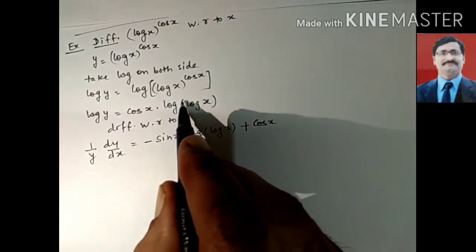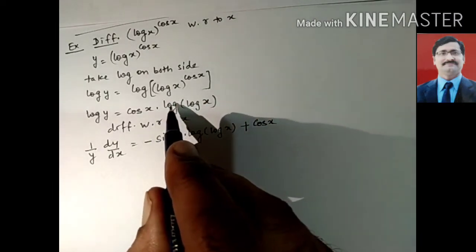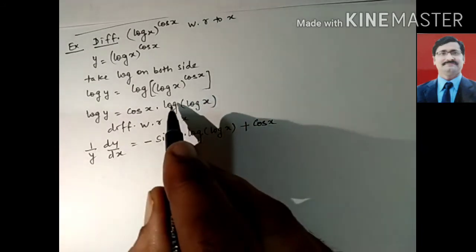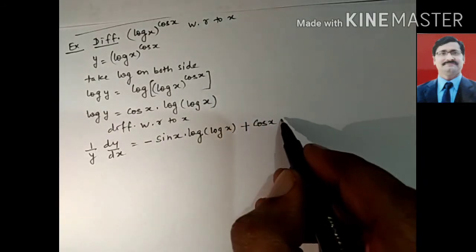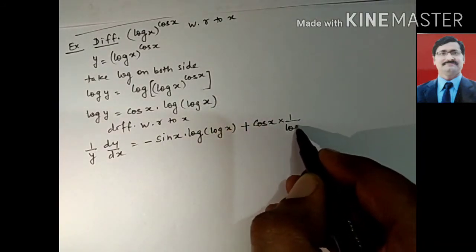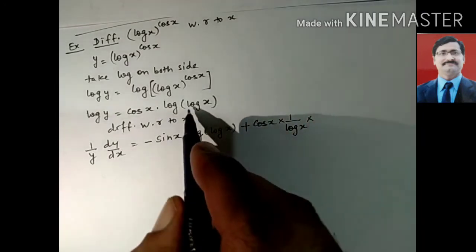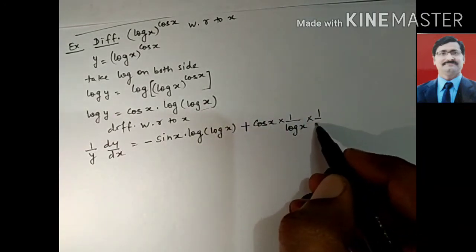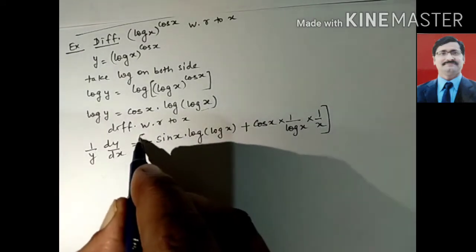First you differentiate the outside log, which gives 1 upon log x, and then log x differential is 1 upon x. Okay, so these all you have to arrange.